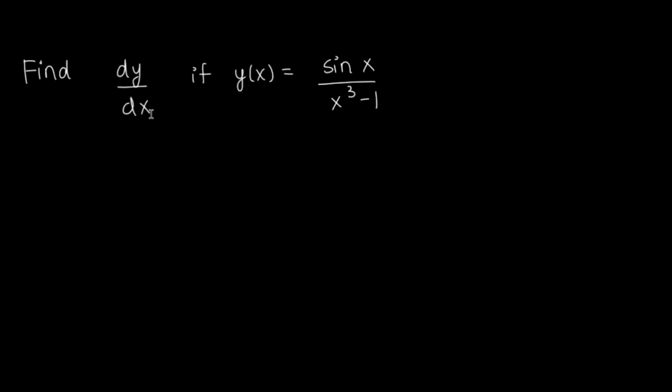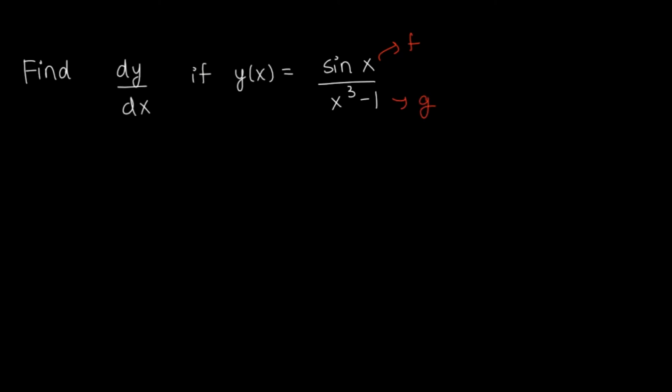We need to find the first order derivative again of sine x over x cubed minus 1. And now again, there is no simple way, at least one that I know of, to simplify this further. So let's just dive right into it. Let's just take this to be f. Let's just take this to be g.